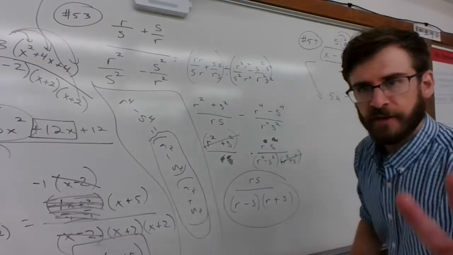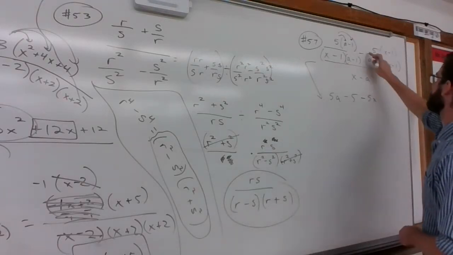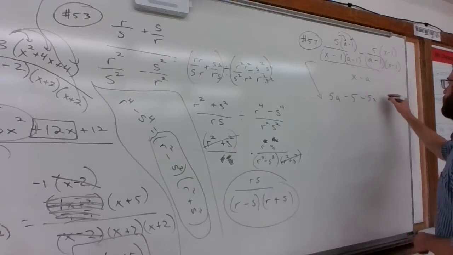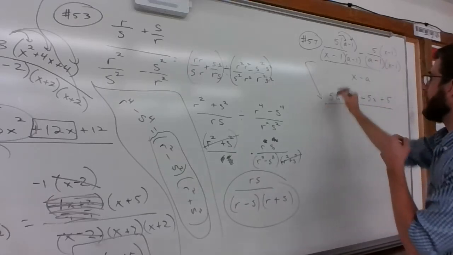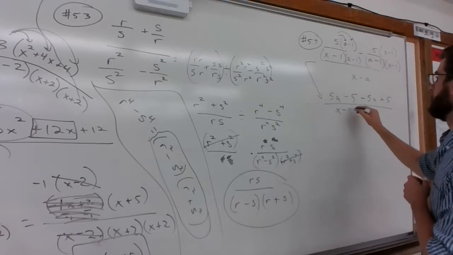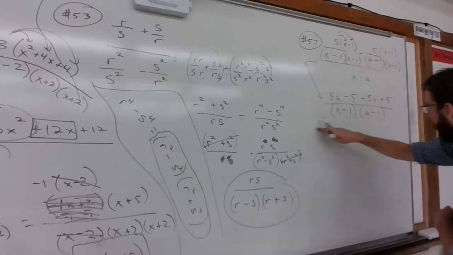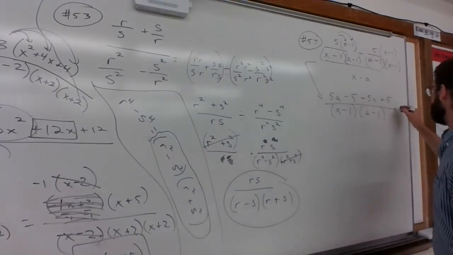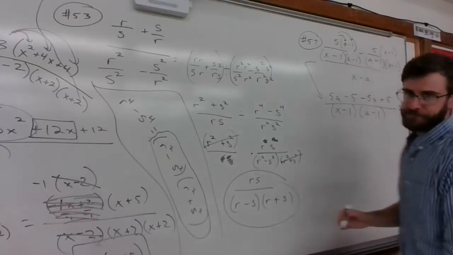Hold on, can you see this whole thing? Yeah, you can. 5a minus 5 minus 5x minus 5 times minus 1. That's plus 5. All of that is divided by x minus 1 times a minus 1. And instead of rewriting it all over x minus a, I am going to say divided by x minus a over 1.